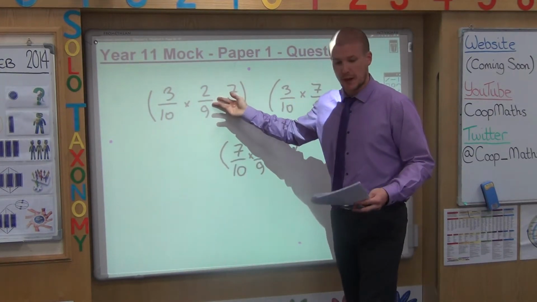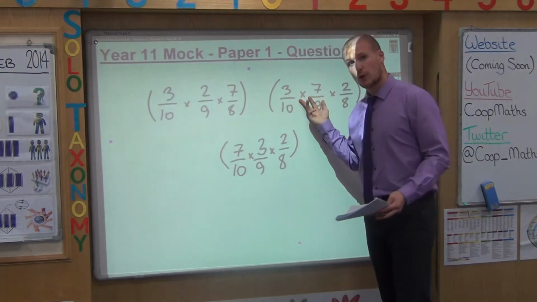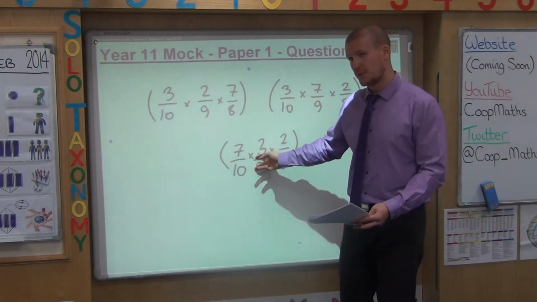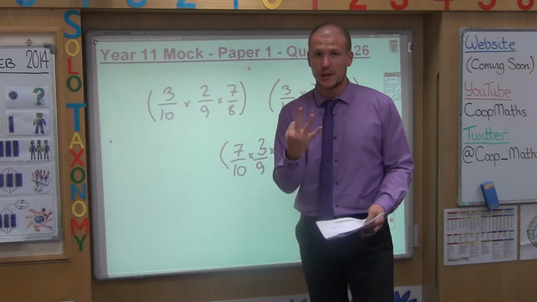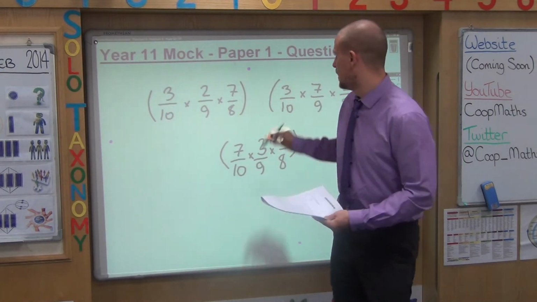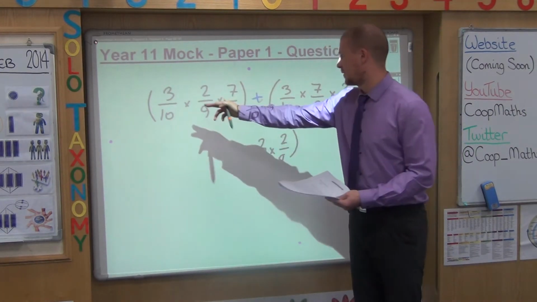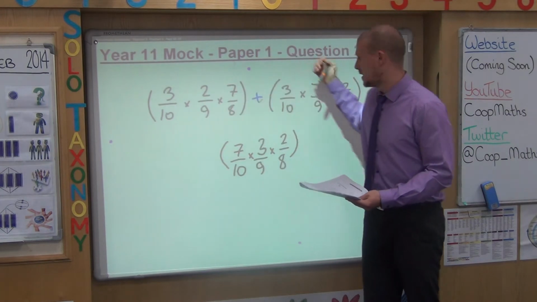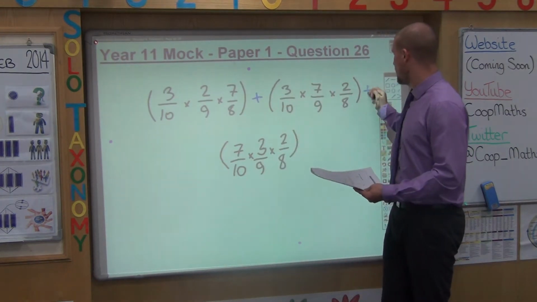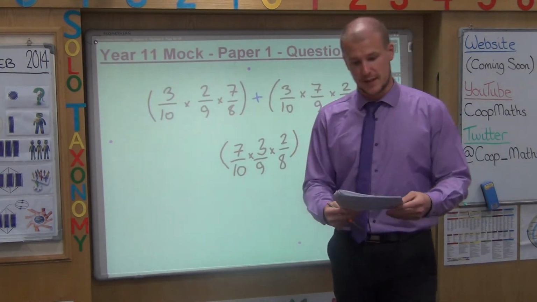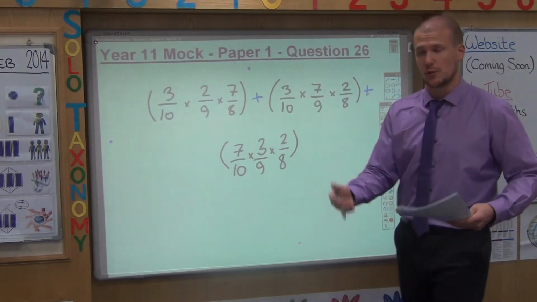This one is £1, £1, 50p. This one is £1, 50p, £1. This one is 50p, £1, £1. So there are three different ways in which you can get £2.50. If you multiply these probabilities together for the first, second, and third instance, and add them together, you're going to get the total probability of getting £2.50.